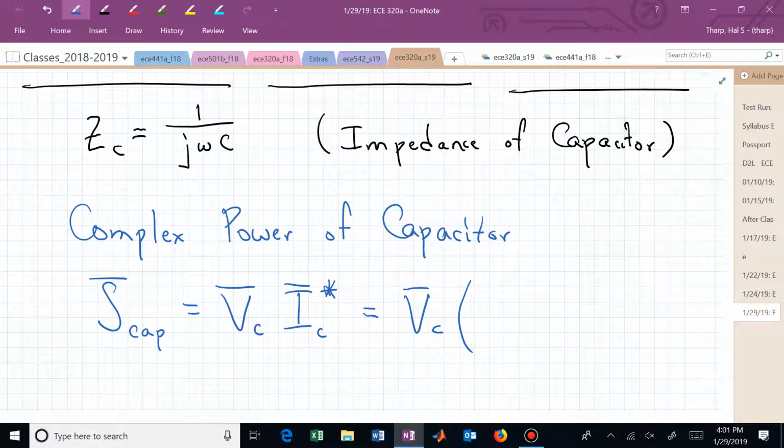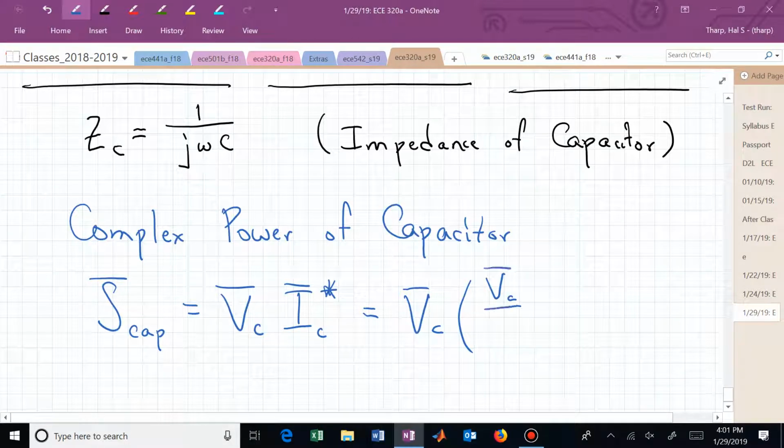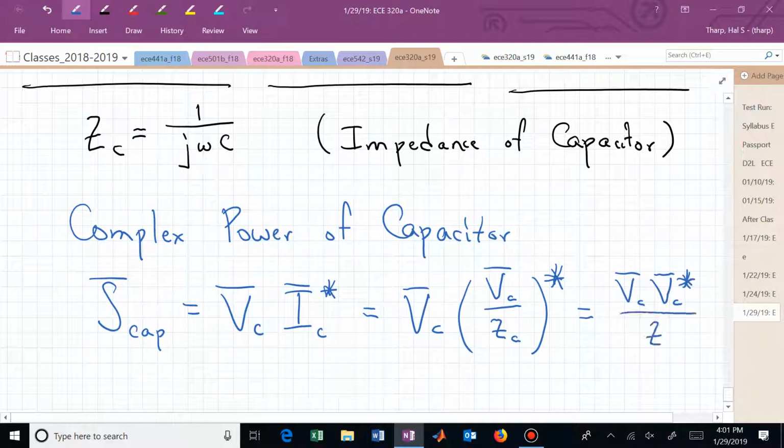So now this is V sub C over Z sub C. But we have to remember that we need the conjugate of that. And that's now V sub C conjugate over Z sub C conjugate. The conjugate of a quotient is equal to the quotient of the conjugates.